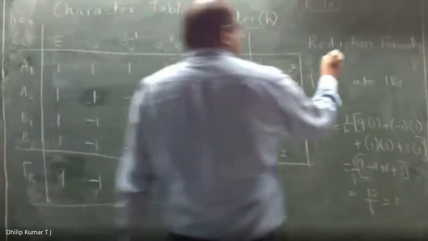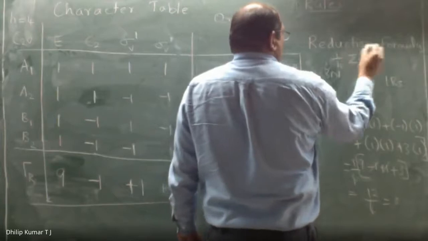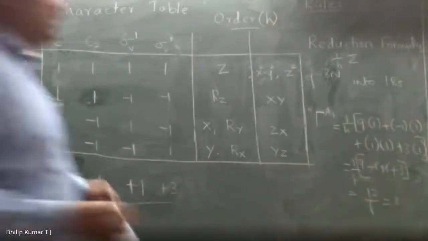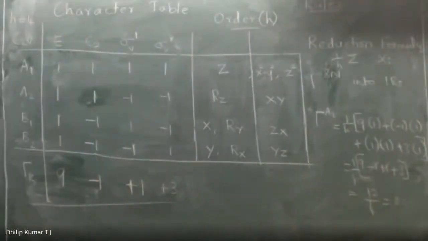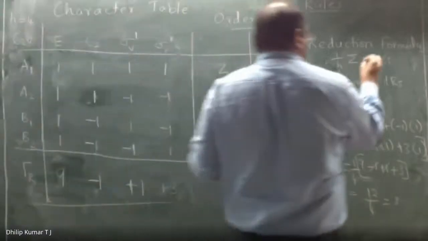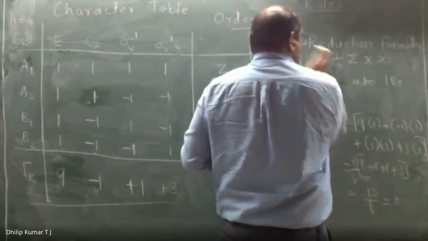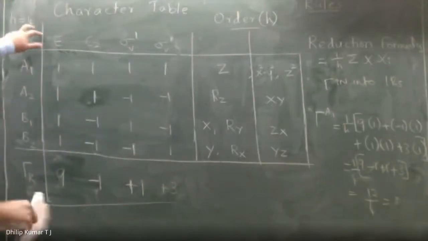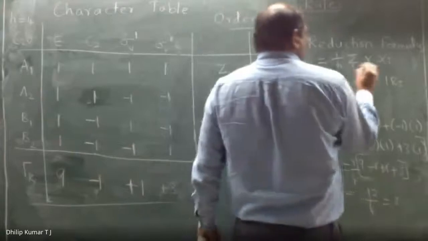So we use what is called a reduction formula. It is given as 1 over h, summation over i, the symmetry elements multiplied by their characters, chi i into chi.